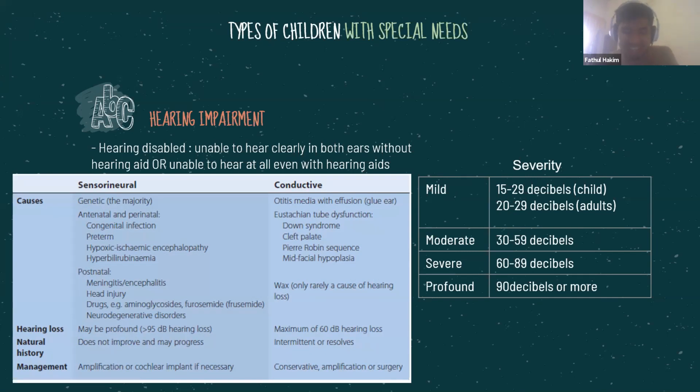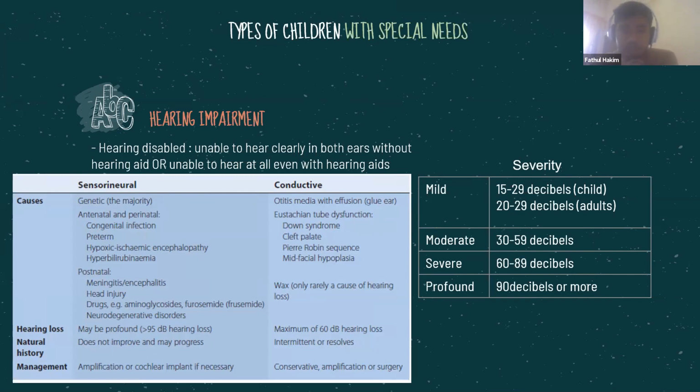So sensory neural is present at birth. So basically, they have severe or profound hearing loss. As compared to conductive hearing loss, which is acquired, most commonly otitis media with effusion.